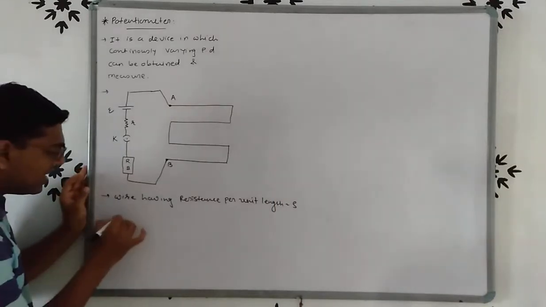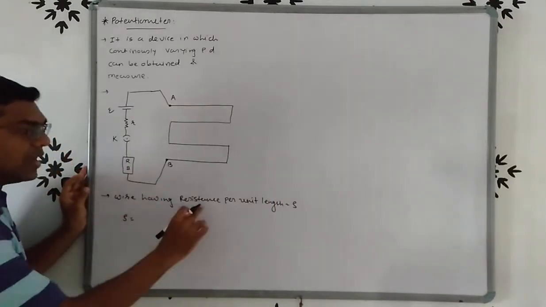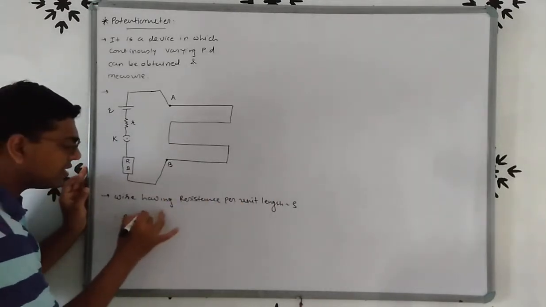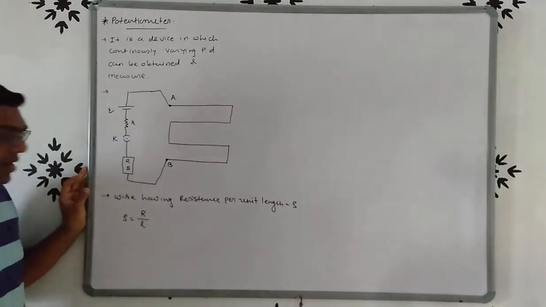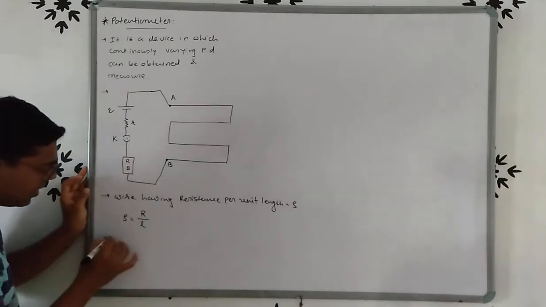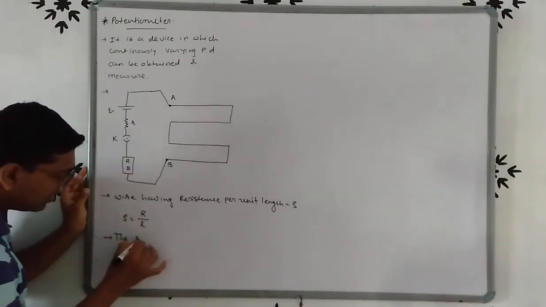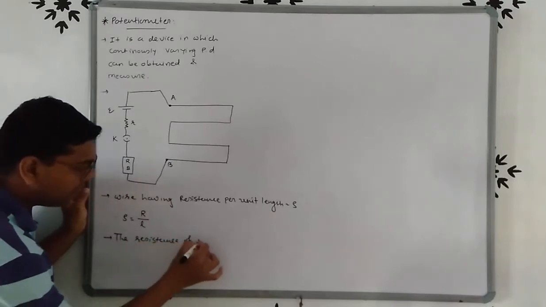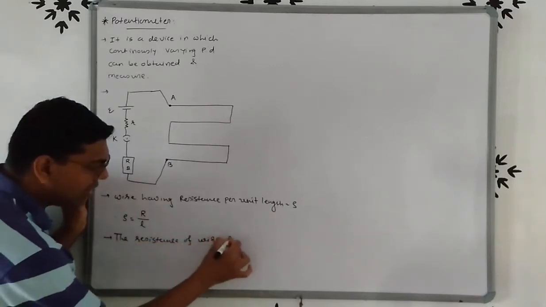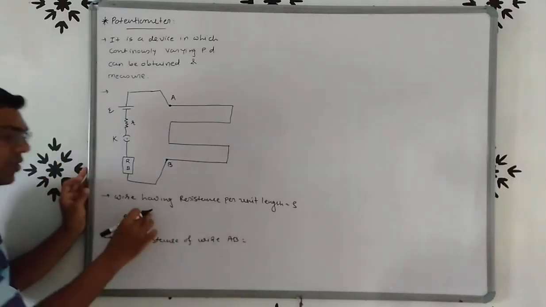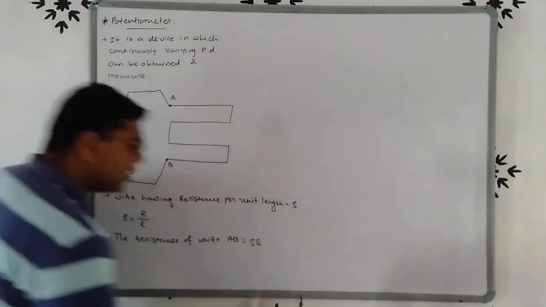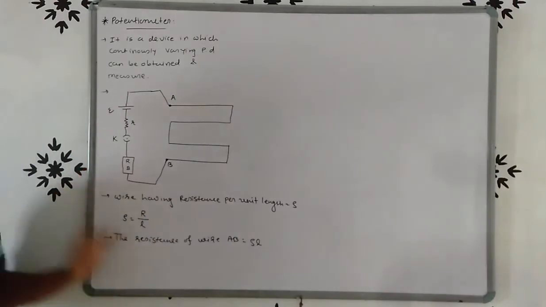So we can write that rho is equal to resistance per unit length, that is resistance R in the numerator and length L in the denominator. So the resistance of wire AB is equal to rho into L.